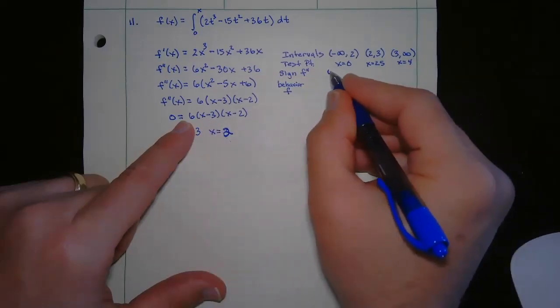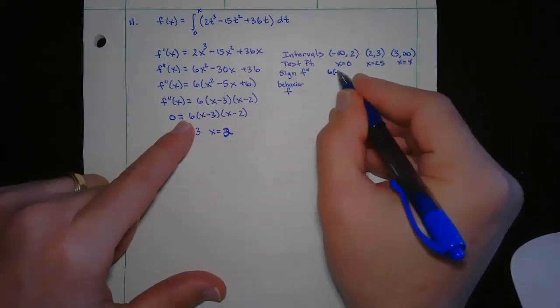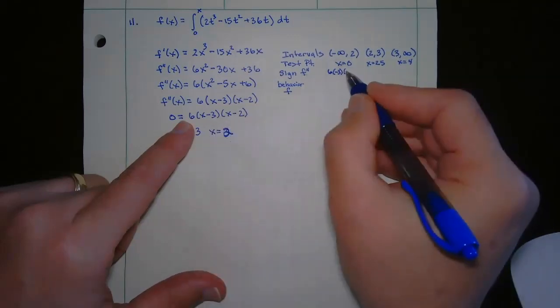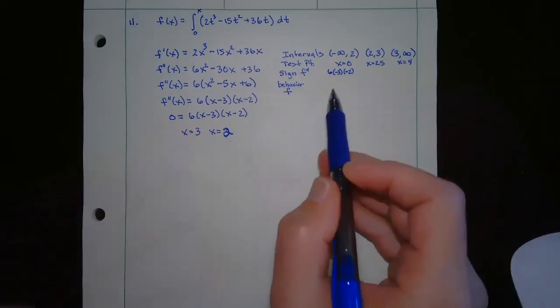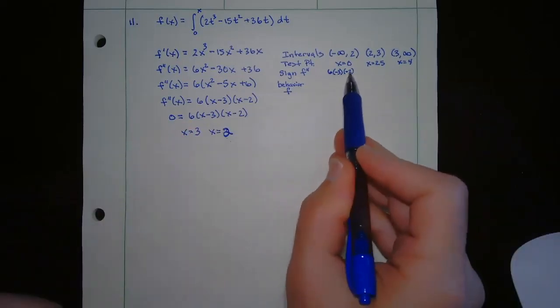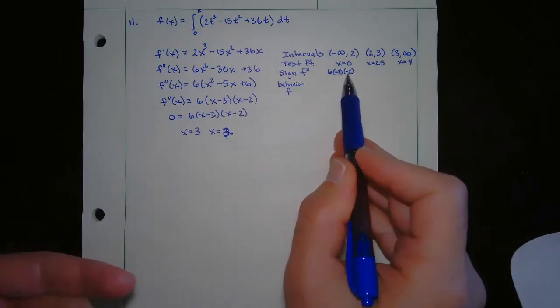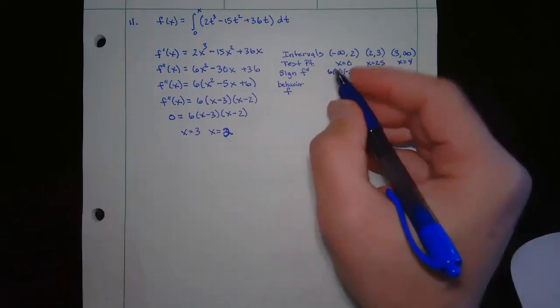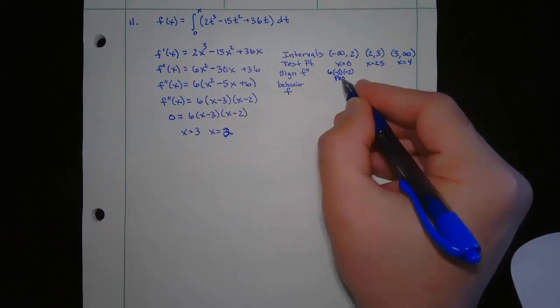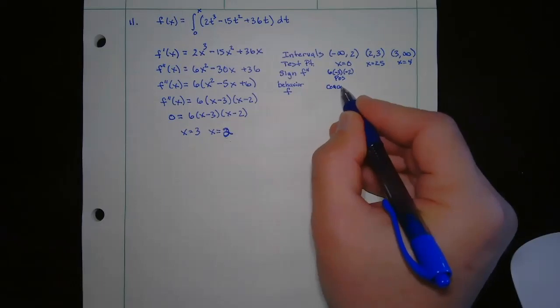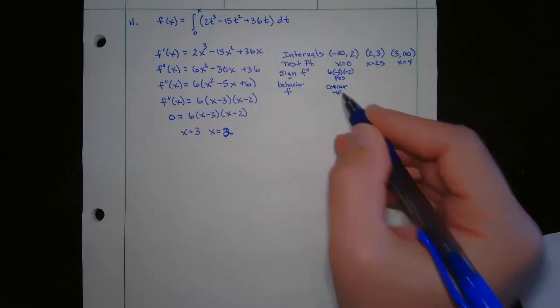So this time I'm going to actually put the numbers in. And then 0 minus 2 would be negative 2, right? Okay, and this would be a negative times a negative. We really don't care about the numbers again, right? It's a negative times a negative, which is a positive, times positive 6, which is positive. So this is positive, and that would tell me that f is concave up on that interval, okay?